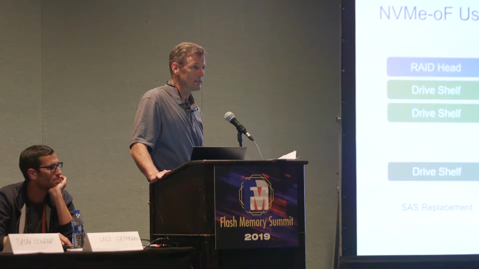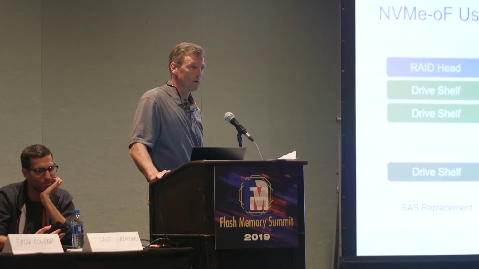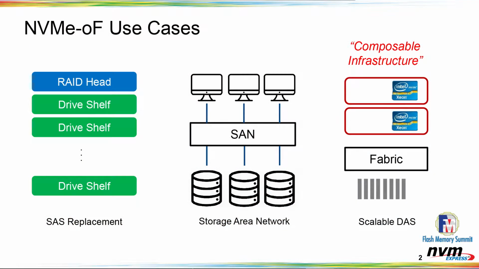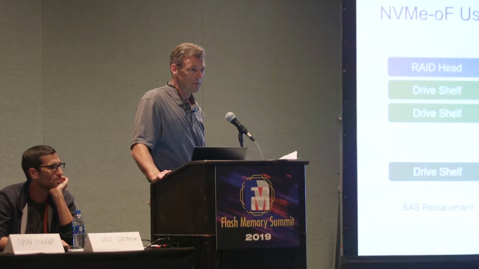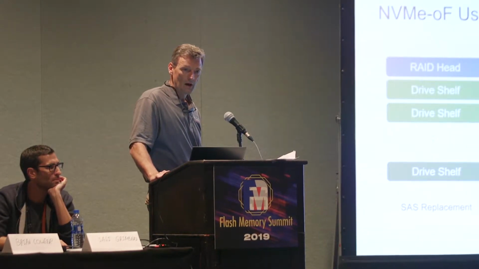Put these SSDs into a pool, and insert a fabric in there so that the application can still get to that pool of storage. This really becomes what everybody here is calling composable infrastructure. It's a common theme here at the show. And so it's really this third case that I want to talk about here. I think the first two are fairly self-evident, but the third one we think is going to be the long-term real killer app for NVMe over Fabrics.